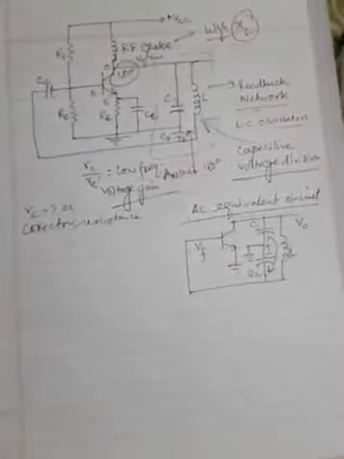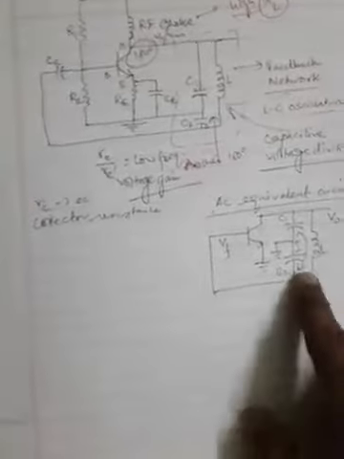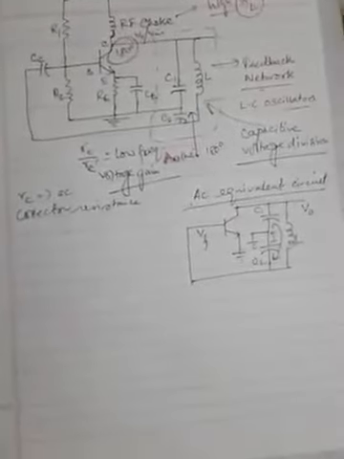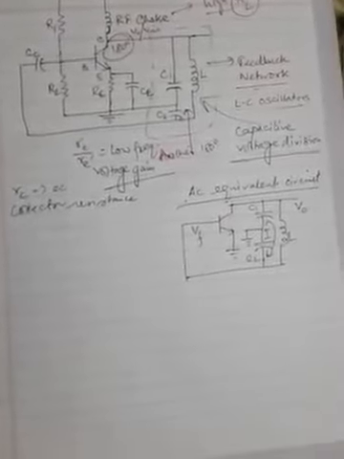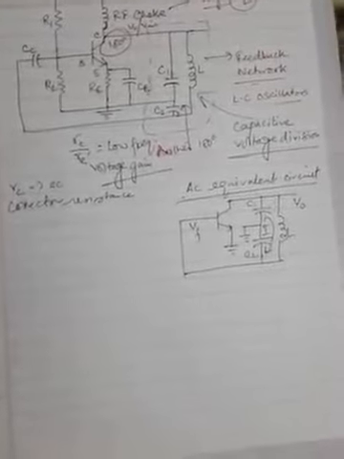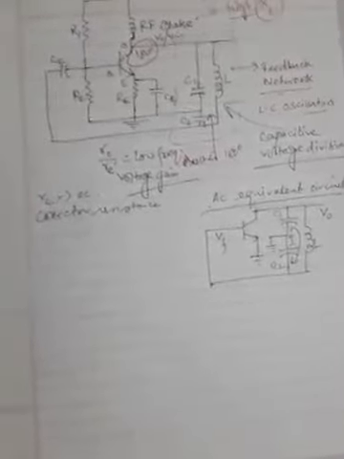The circulating loop current in the tank circuit flows through C1 in series with C2 and is given by I, and it can also be noticed here that VO equals the AC voltage across C1.